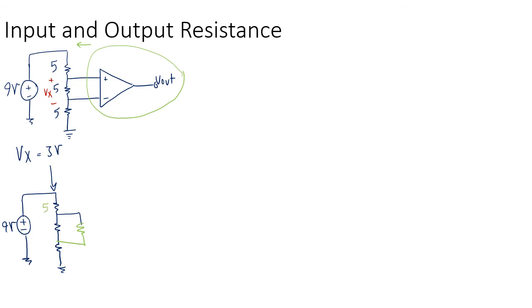And if this is 5, let me use the same color. So this is 5, this is 5, this is 5, and if I replace this, let's say with 100 ohms or 200 ohms or 1 kilo ohm, it doesn't matter if it's small or large. As long as it's not infinity, it's going to be in parallel with this 5 ohm in the middle, and I'm going to have a different resistance, right?